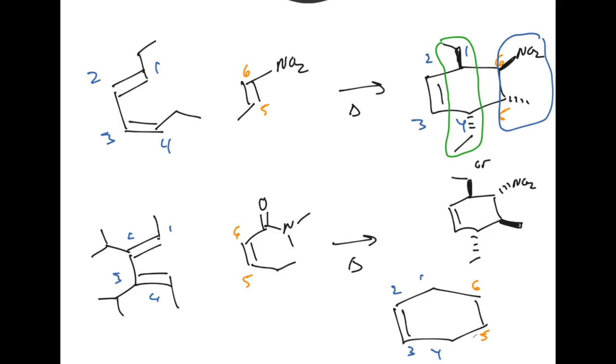Same side. So we'll wedge them both. Groups on 2 and 3 just end up being on 2 and 3. Nothing fancy, no wedges or dashes. Groups on 5 or 6, same side or opposite side? Same side. So again, pick one. I like wedges. If you like dashes, equally cool. And that'll be your product.